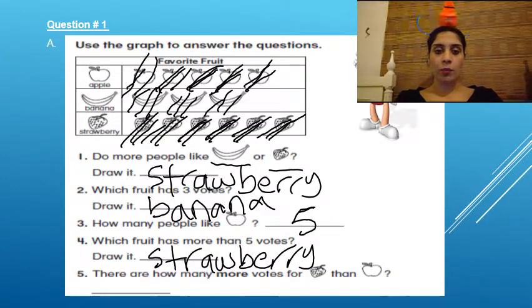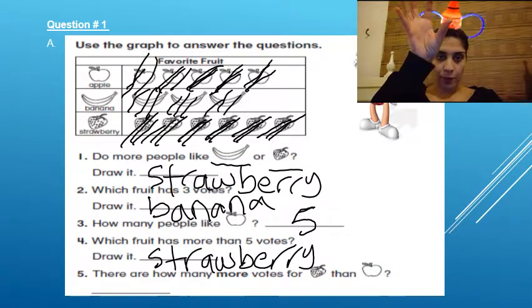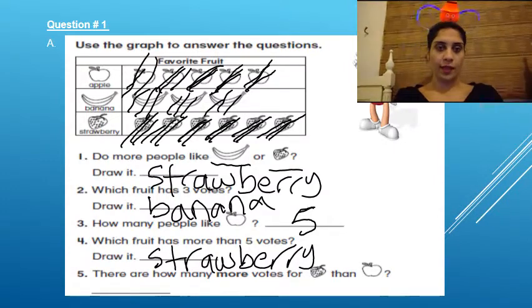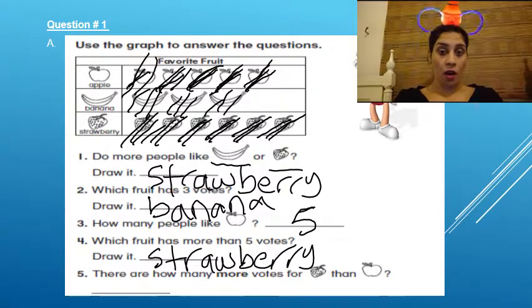Now, let's move to the fifth question here. How many more votes are there for strawberry than apple? First we look at the apples themselves and the strawberries. 1, 2, 3, 4, 5. There are 5, and let's check for the strawberries. 1, 2, 3, 4, 5, 6.